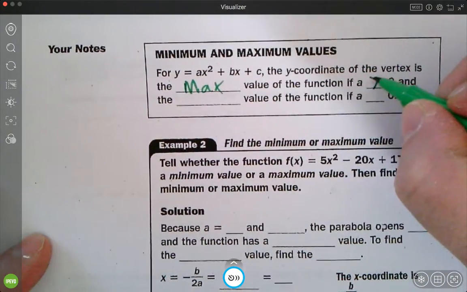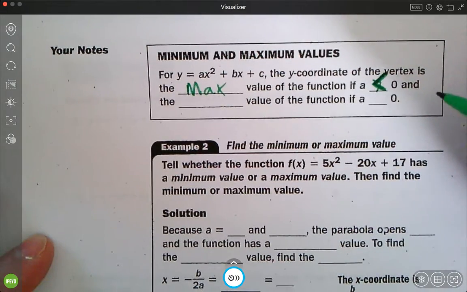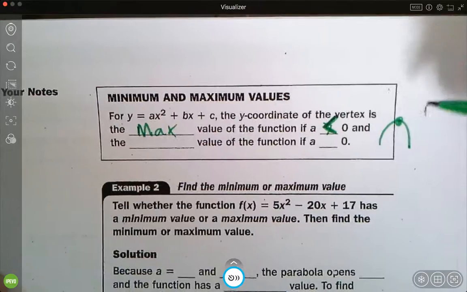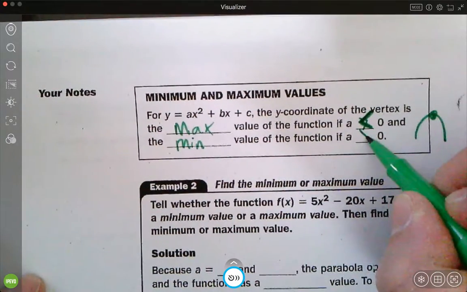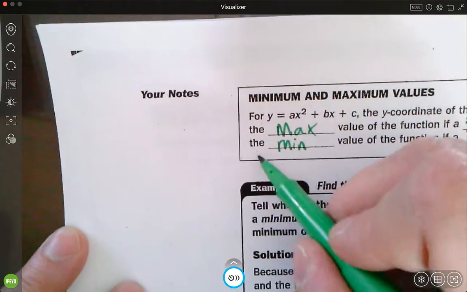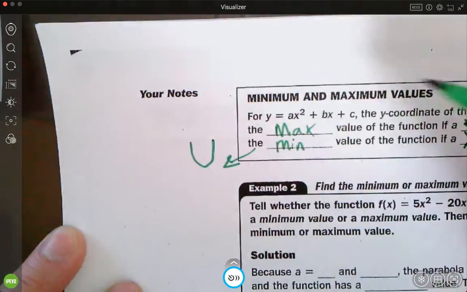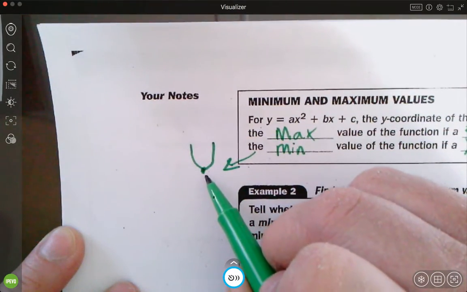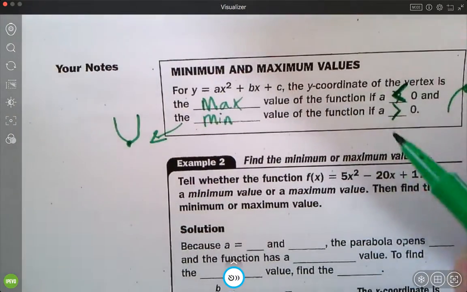It's a maximum if a is less than 0, because if a is less than 0, you're going to be facing down, so you'd be at the very top of your parabola. You'll get a minimum if a is greater than 0, because over here you'll be facing up, so your vertex, the bottom of the parabola, will be the minimum vertex value of your entire function.